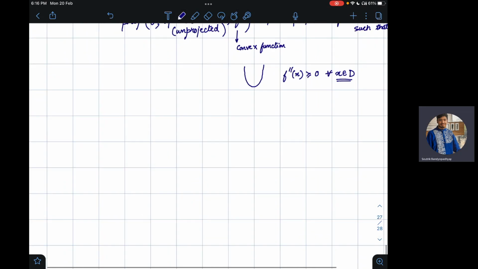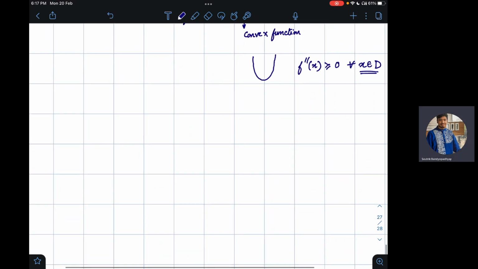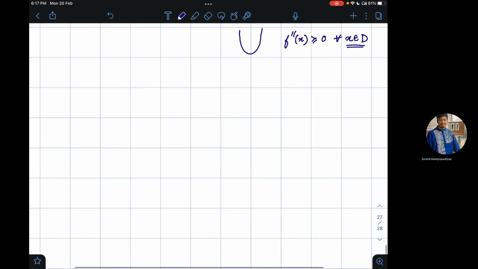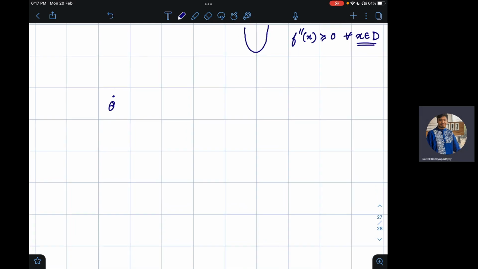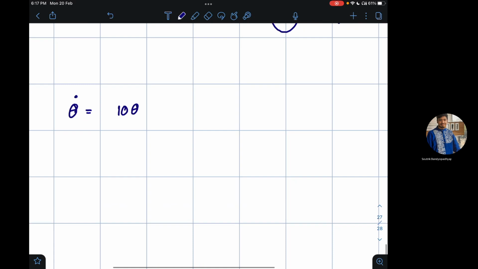So, in other words, let's look at some examples, and this would be clearer, hopefully. Let's say I have a parameter theta which is updated by this law of, let's say, theta dot equals tan theta t.